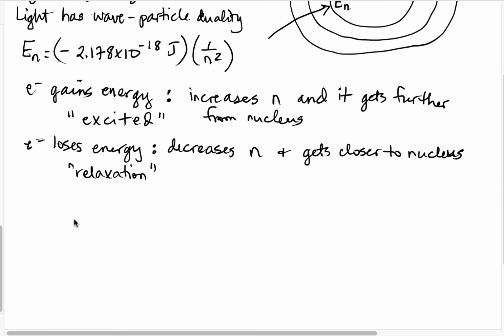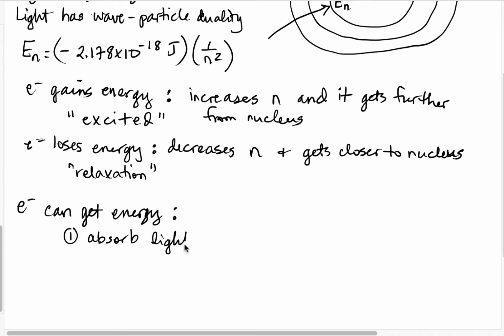So electrons can get energy from several different sources. They can absorb light. They can get it from electricity.